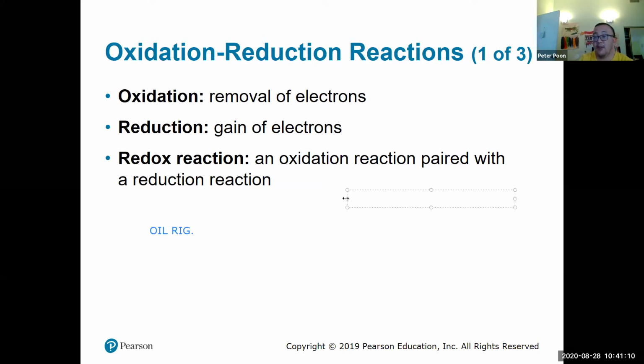And usually what we measure is the amount of hydrogens, because hydrogen comes with electrons. So if I have an increase in hydrogen levels, I am reducing. If I lose hydrogens, I'm oxidizing, because where the electron goes, the hydrogen goes with it.